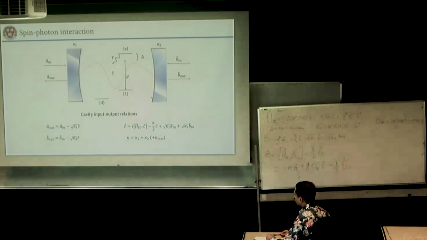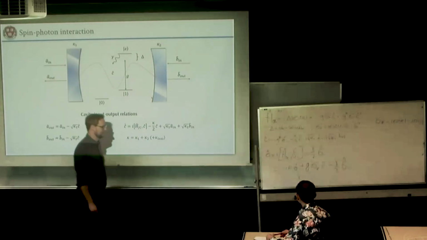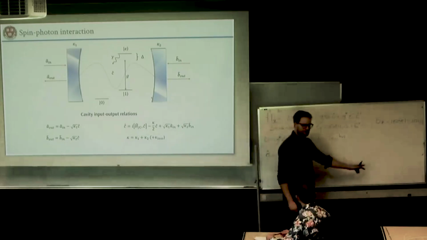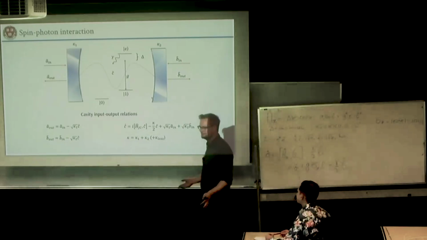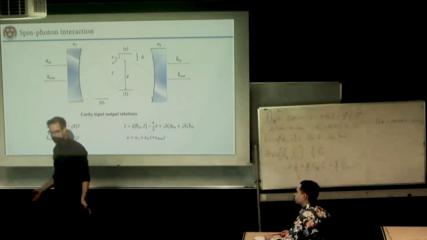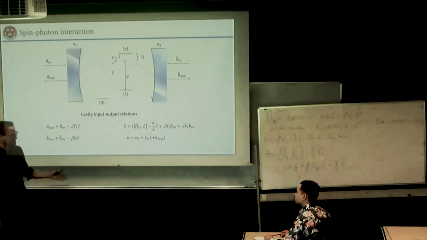In principle, if you want to be really strict about it, it should be Heisenberg-Langevin equations. I also need a noise operator that goes with this decay over here. But for what we're working with here, we can just forget about that, because we are, in the end, again going to herald on detecting that photon.